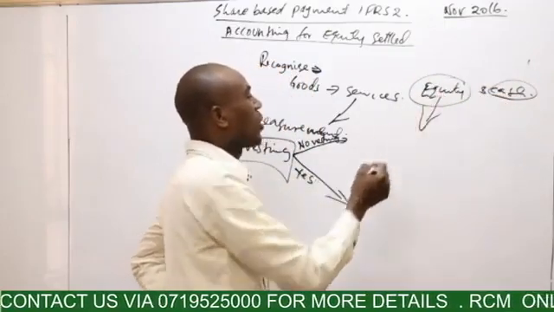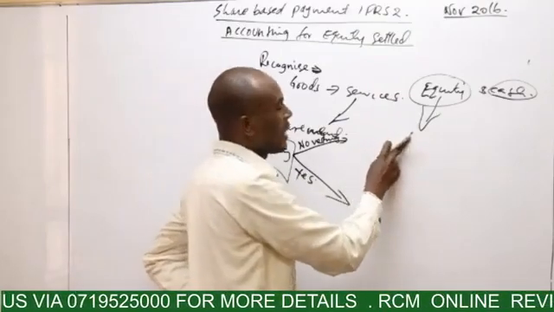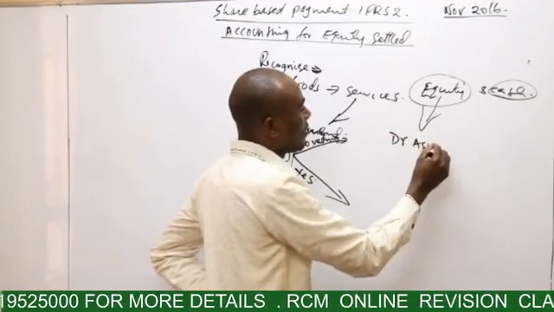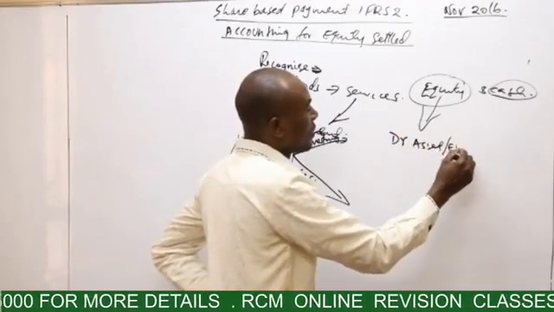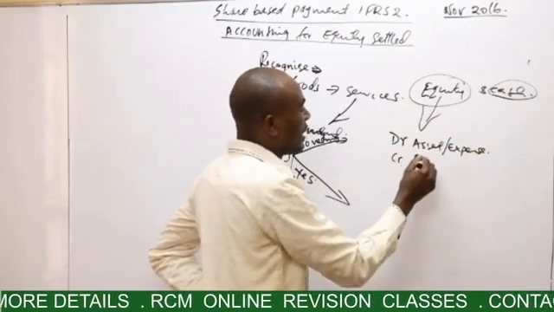How do we recognize equity settled? When I'm paying an expense under equity settled, it means I will debit either asset or expense and credit the equity instrument.